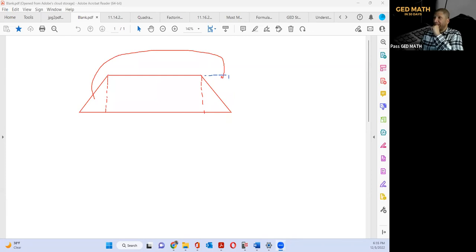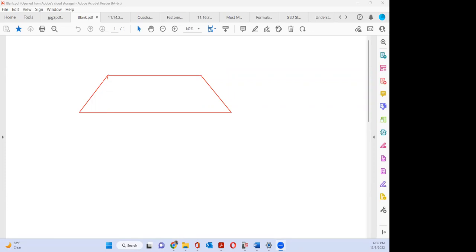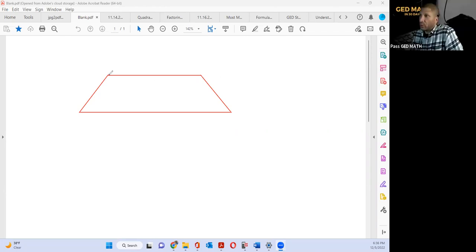Let me hit undo so you can actually see what's happening, right? Take them lines away. That's my trapezoid. If you look at the two bases, you got one right there and you got one right there.